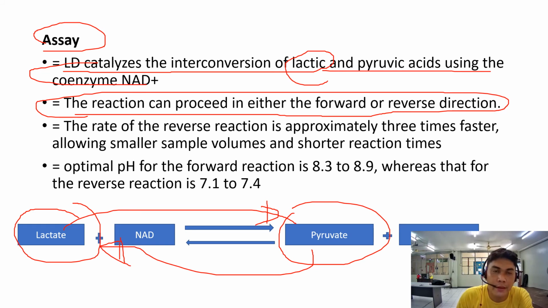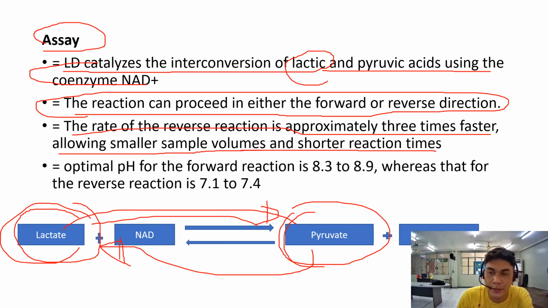Okay? So the name of the method for the conversion of lactate to pyruvate, the forward method, is called the Wacker method. And for the reverse, that is your Wróblewski-LaDue method. Okay? Now, the rate of the reverse reaction is approximately three times faster, allowing smaller sample volumes and shorter reaction time.